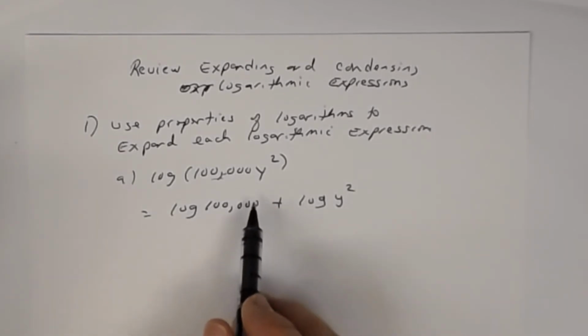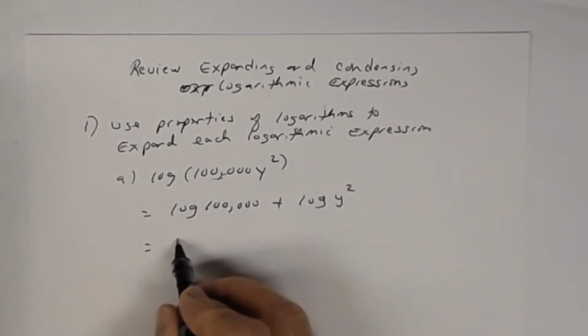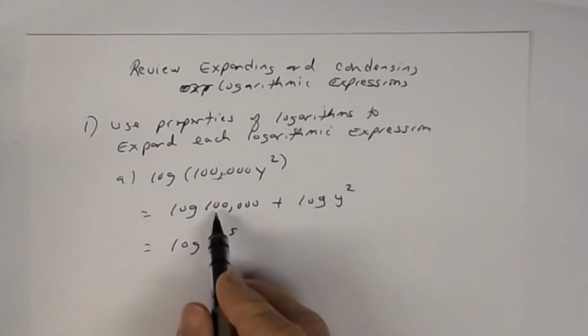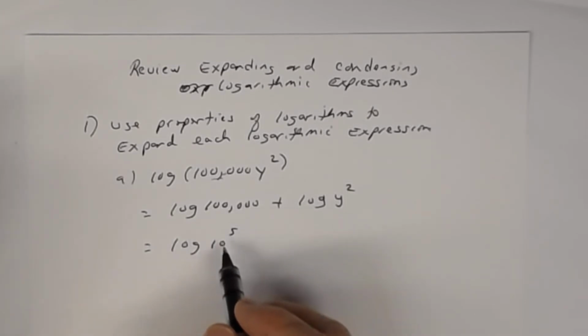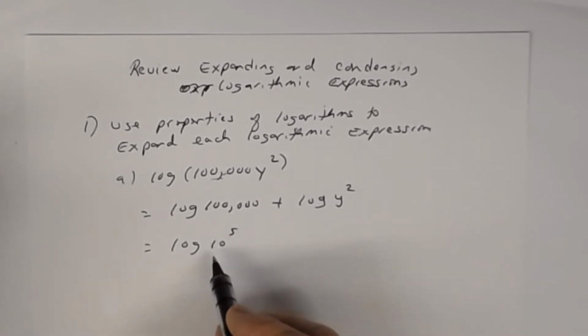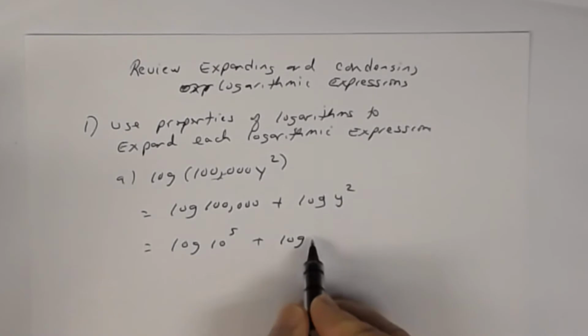And so if you notice 100,000, I can rewrite 100,000 as 10 to the fifth power. You must always simplify if possible. I'm going to go ahead and leave this like this for right now.